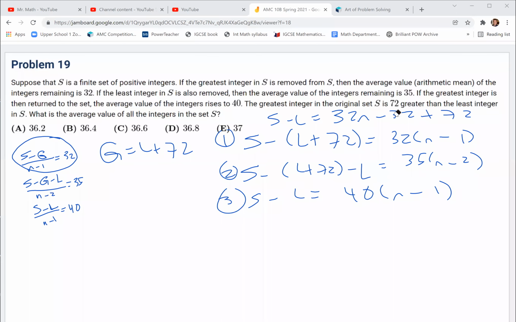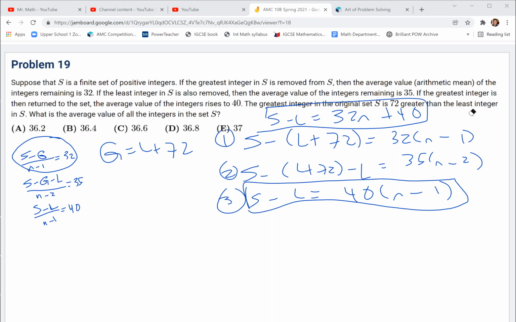So I can rewrite that top equation as S minus L equals 32N plus 40. Now if I take this equation and set it equal to the third, because they both equal S minus L, I get 8N equals 80, which tells me N equals 10. So now I know N is 10.